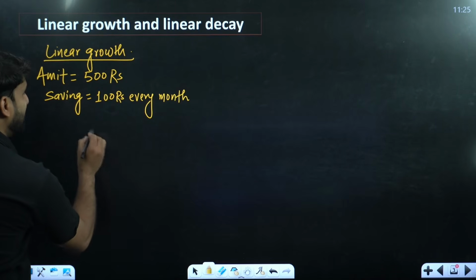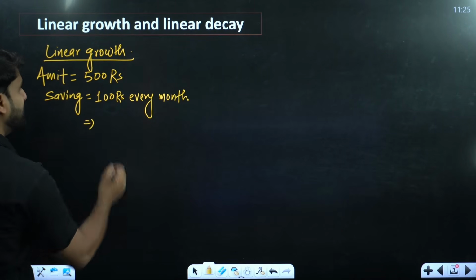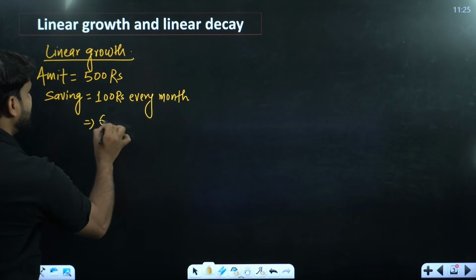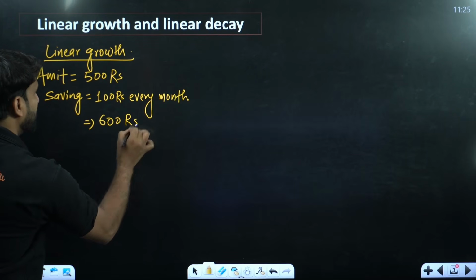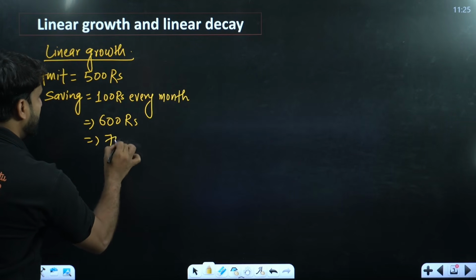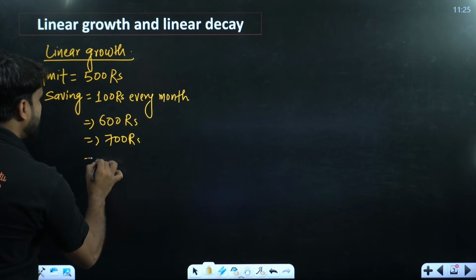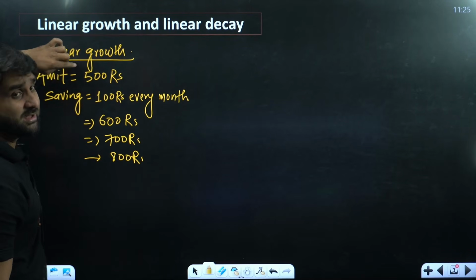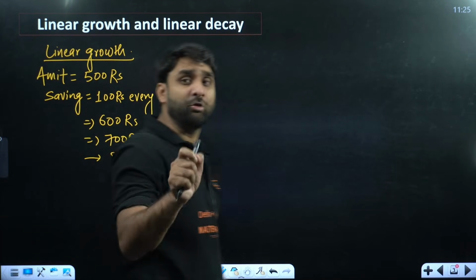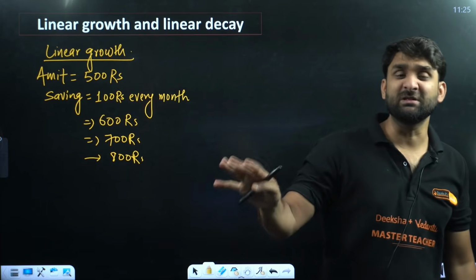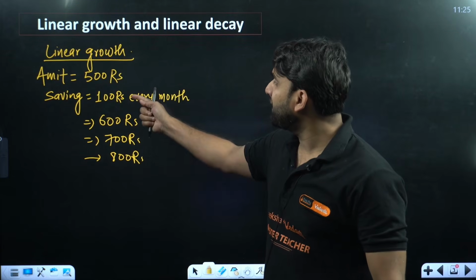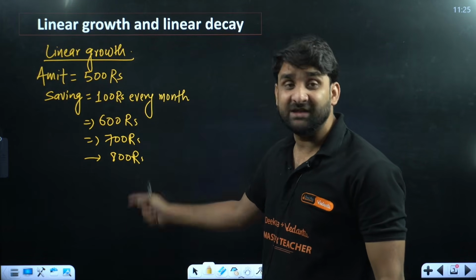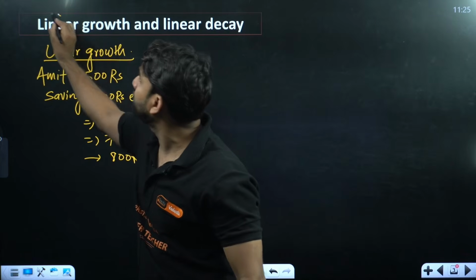It indicates that next month he will have 600 rupees, next month 700 rupees, next month 800 rupees, because he already had 500 and now 100 rupees is increasing every month. It means that 100 rupees is increasing constantly, steadily, and this is called linear growth.